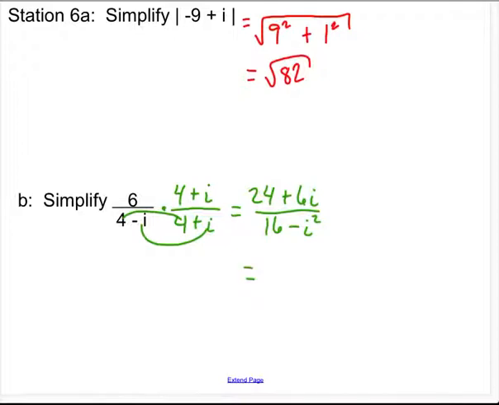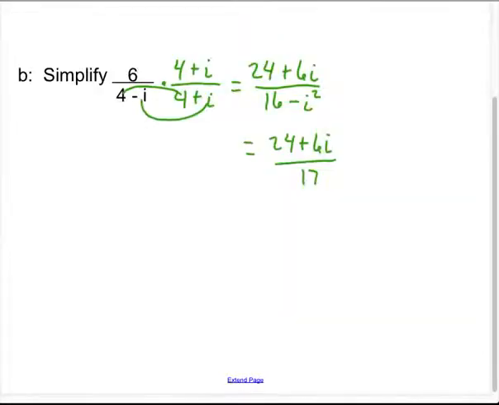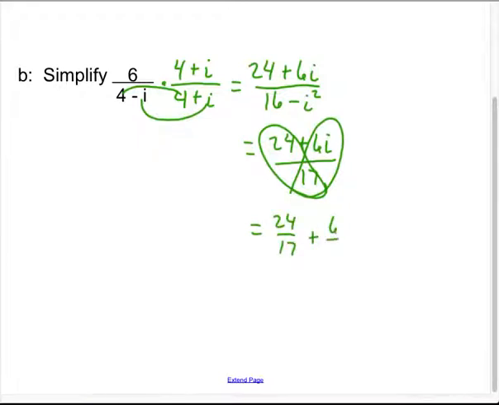So what happens in the denominator, that i squared becomes -1. -1 times -1 is +1. So we have 24 plus 6i in the numerator over 16 plus 1, or 17 in the denominator. And then in order to put it in standard form, we use that butterfly method and get 24/17 plus 6/17 i.